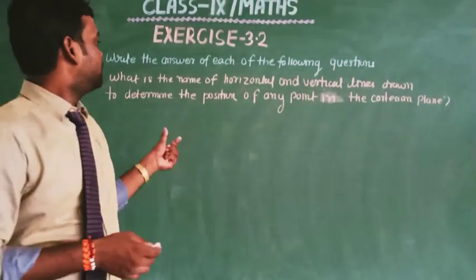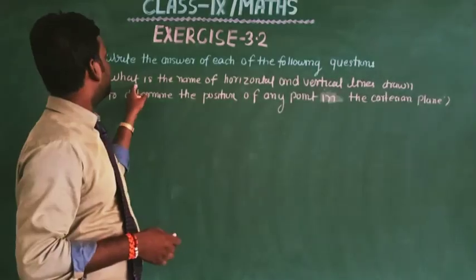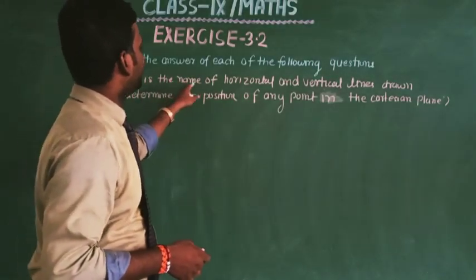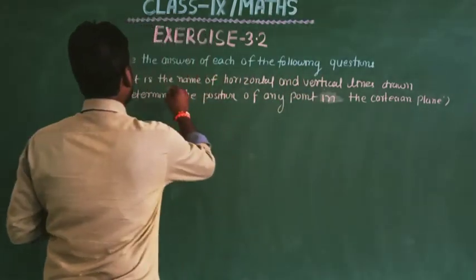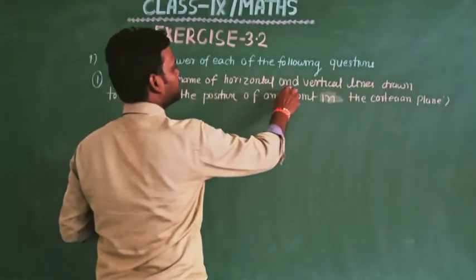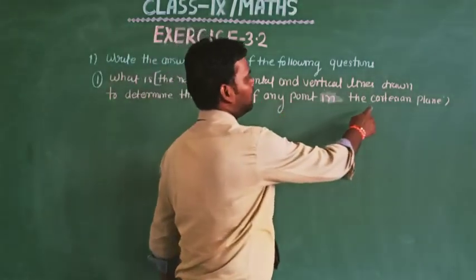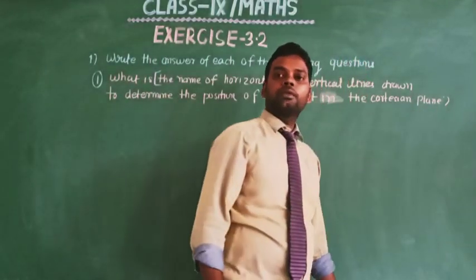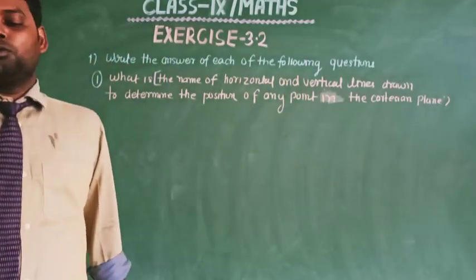So the answer of the first part: the name of the horizontal and vertical lines drawn to determine the position of any point in the Cartesian plane is x axis and y axis.